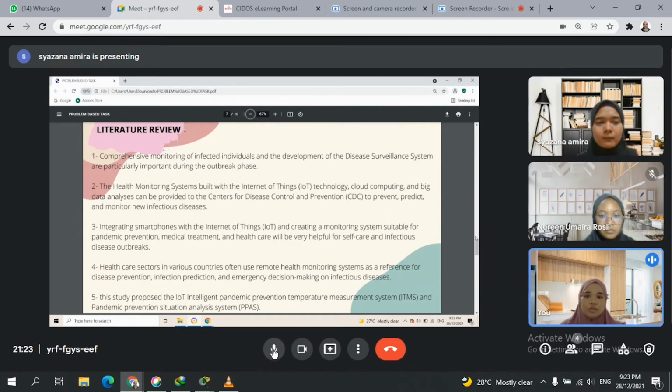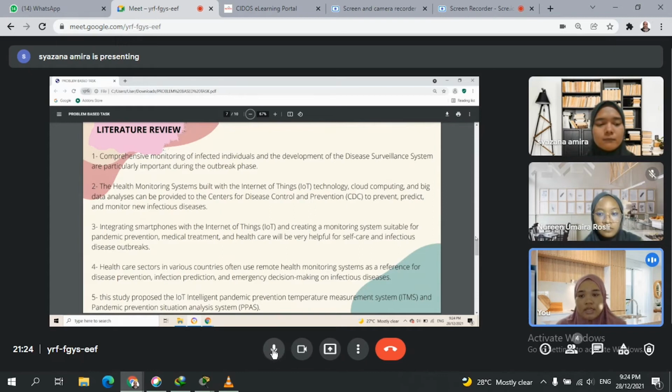Integrating smartphones with the IoT and creating a monitoring system suitable for pandemic prevention, medical treatment and healthcare will be very helpful for self-care and infectious disease outbreaks. Healthcare sectors in various countries often use remote health monitoring systems as a reference for disease prevention, infection prediction, and emergency decision making on infectious disease.